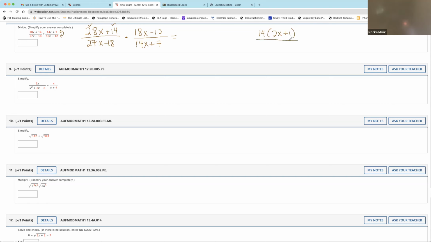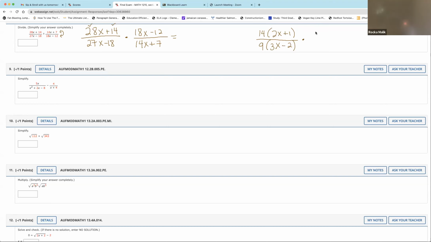Over 9. 9 can go into 27 and it goes into 18. So 9 times 3x minus 2, times, on the right side, 12 and 18.